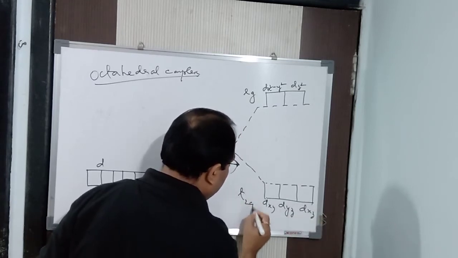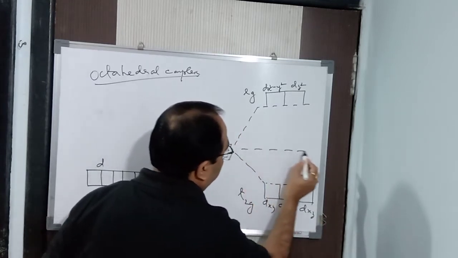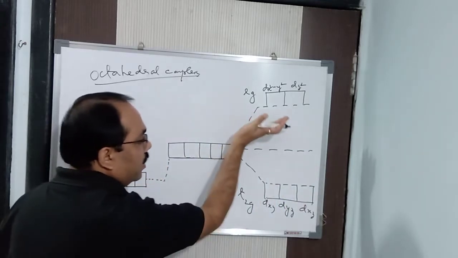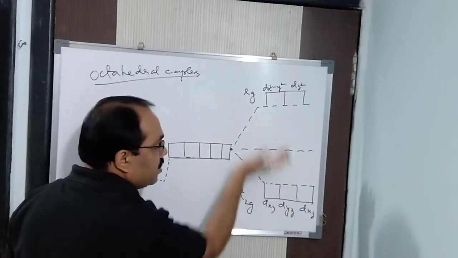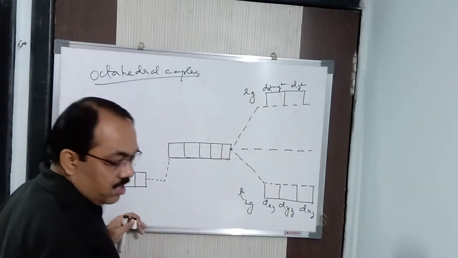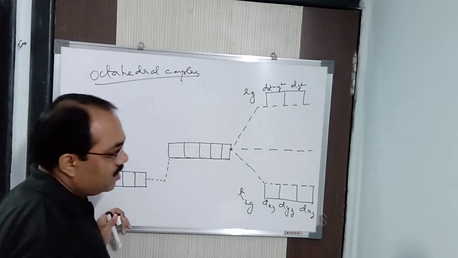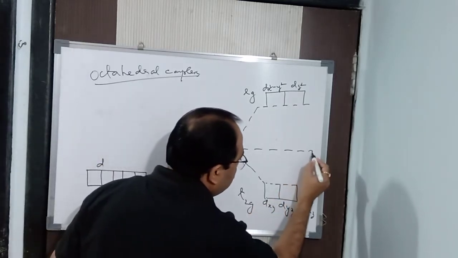What is this known as? T2g. As I said, the energy is increased in case of Eg because it suffers more repulsion, and this has less repulsion. Compared to this, the energy is decreased. In case of T2g, the energy is decreased.